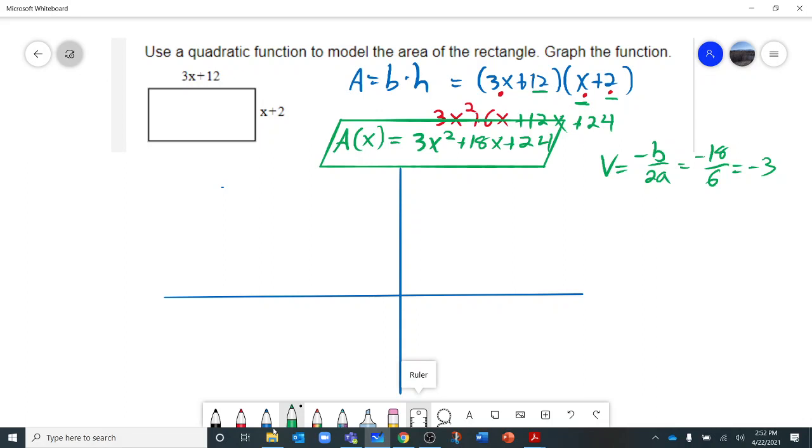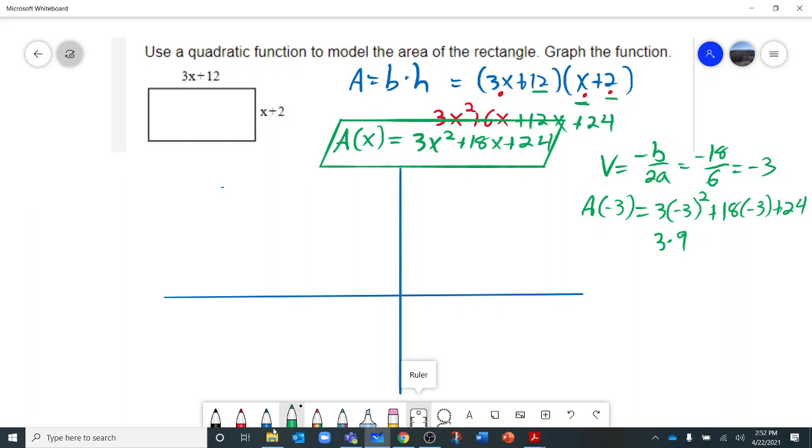So to get the y component, we're going to plug negative 3 into our function. A of negative 3 is equal to 3 times negative 3 squared plus 18 times negative 3 plus 24. Negative 3 squared is 9, so we have 3 times 9.